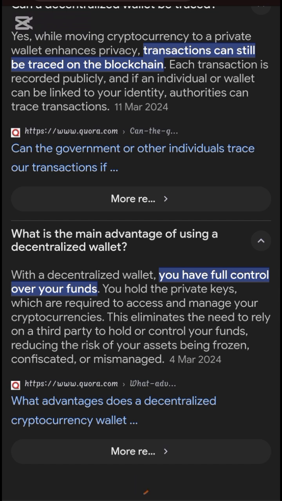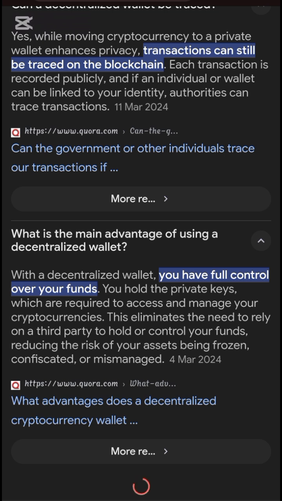So in this short clip, if you watch this video carefully, you will understand centralized wallets and decentralized wallets. When a wallet is mentioned to you, you will know whether it's centralized or decentralized.